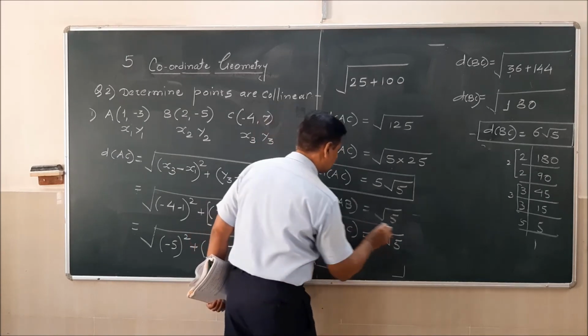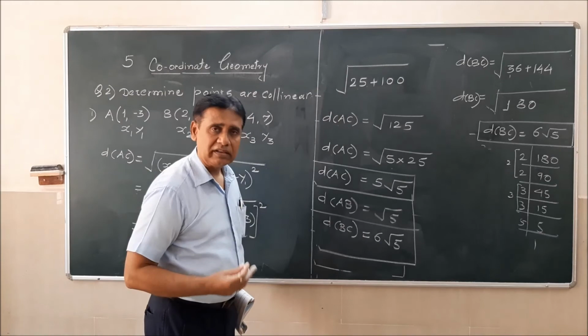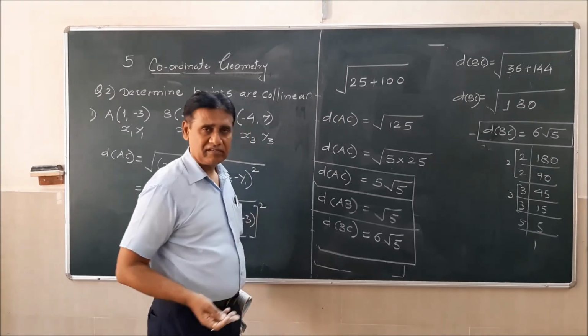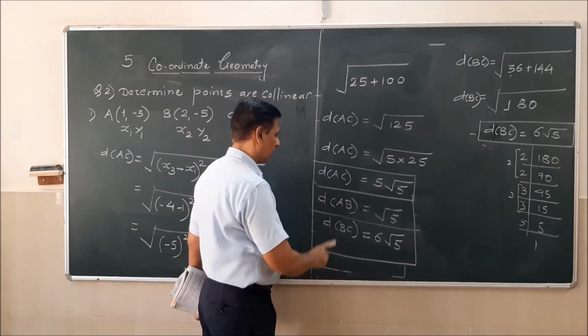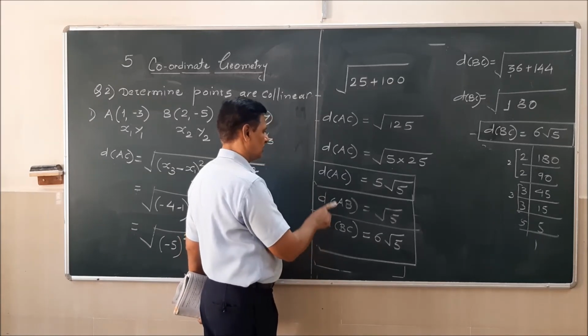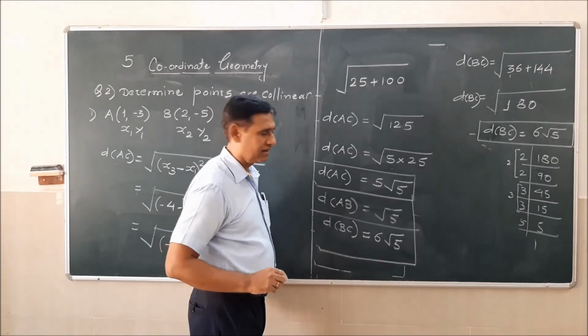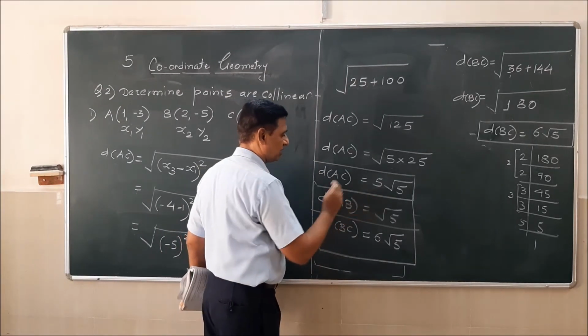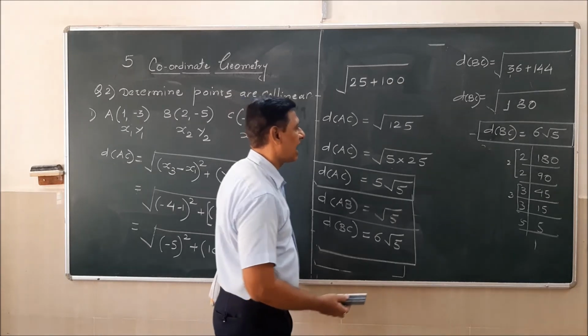Now from these three quantities, you can surely verify what you can notice over here: that distance of BC is equal to distance of AC plus distance of AB, correct? Because 5 root 5 plus root 5 is equal to 6 root 5.